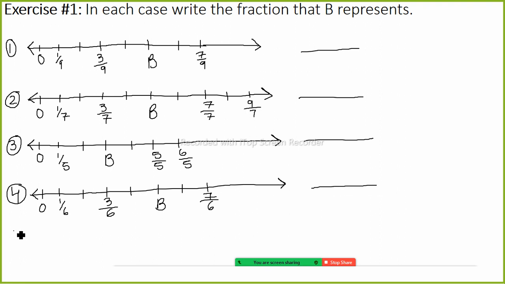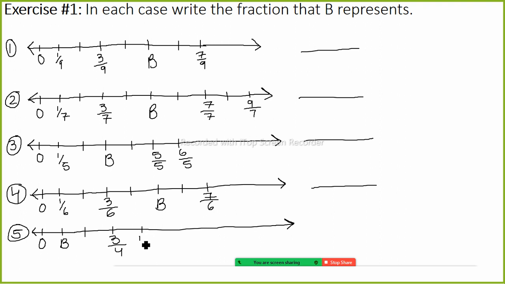And the fifth and final one is if I have 0, this is B, 3 out of 4, 4 out of 4.